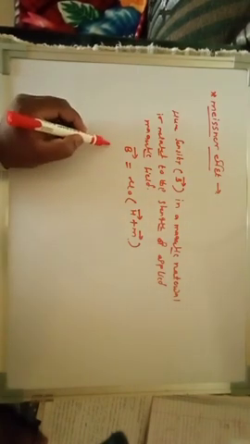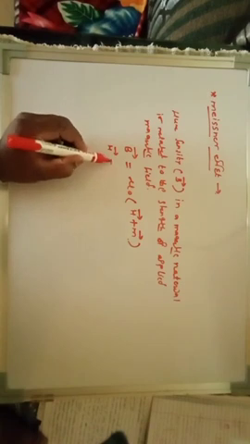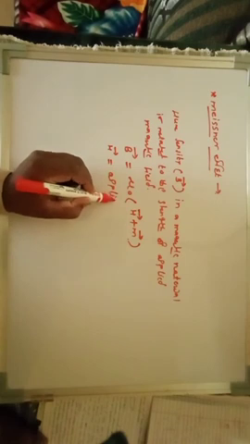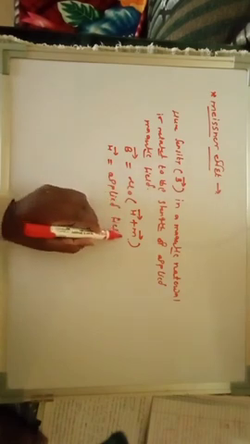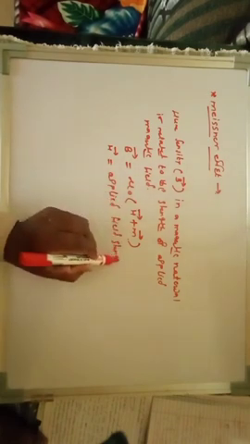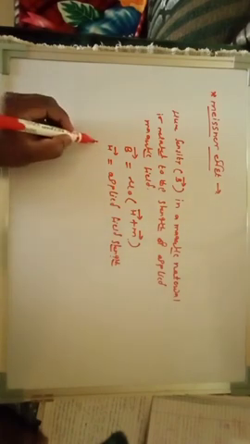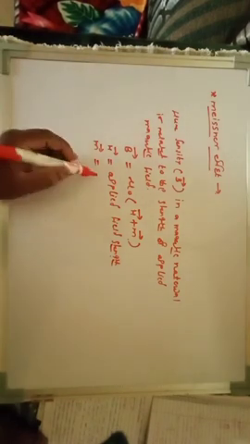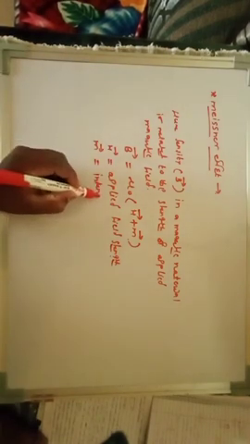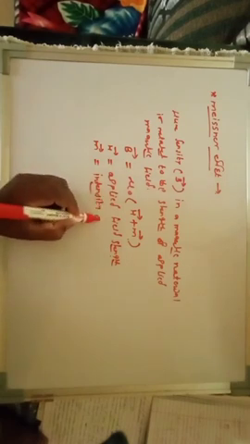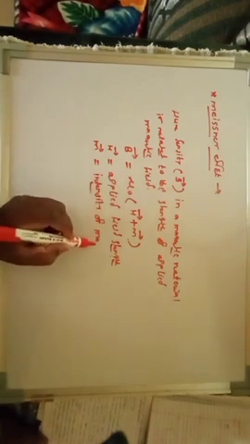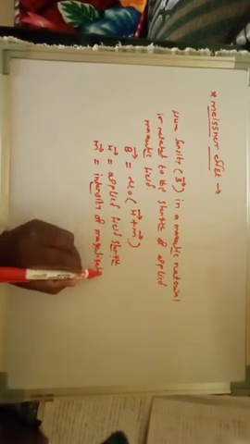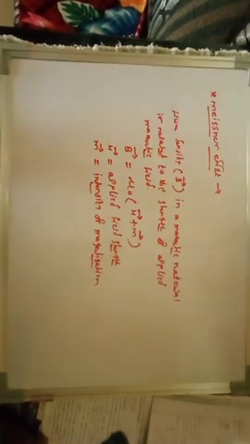H vector is your applied field strength, and M vector is the intensity of magnetization.